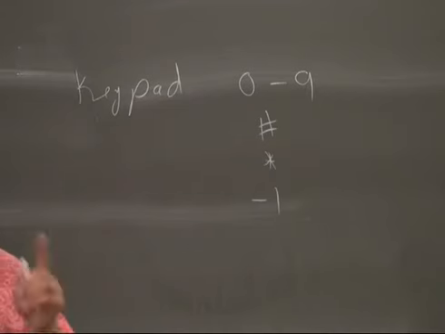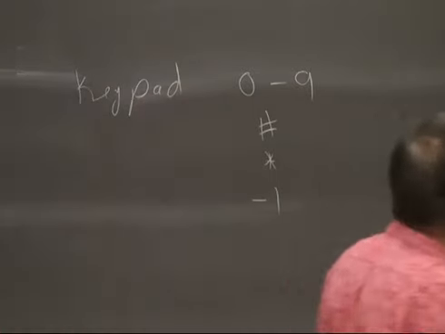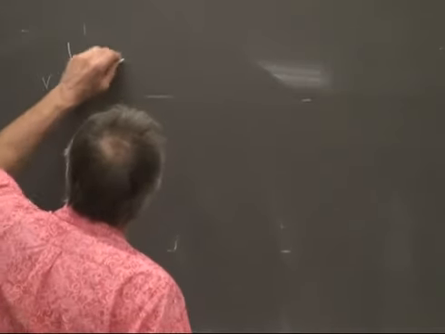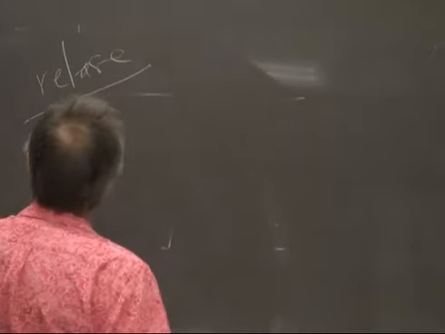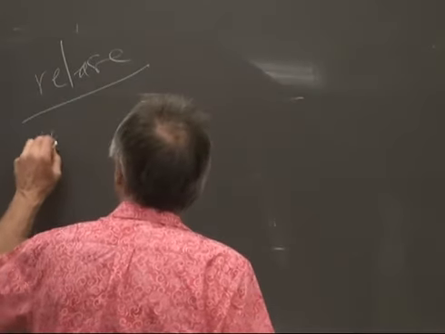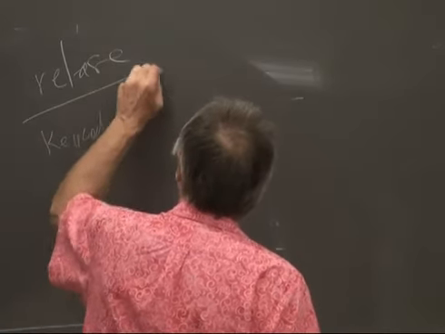And we want to know when the press is valid and debounced. So what we're going to do is build a 4-state state machine. First state is going to be release, and the test is going to be key code equal -1.